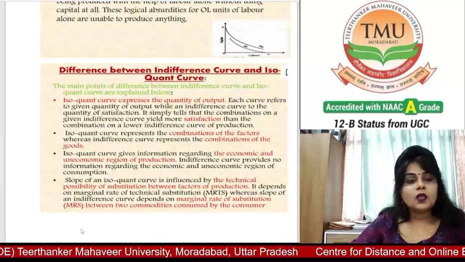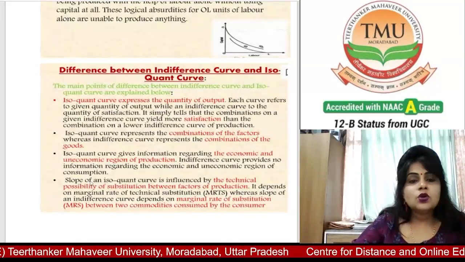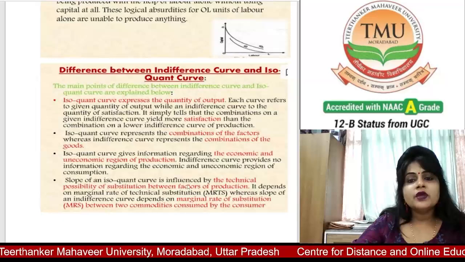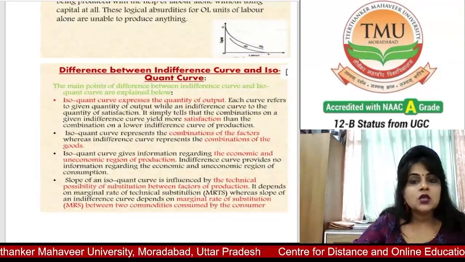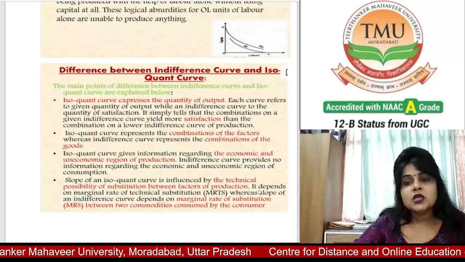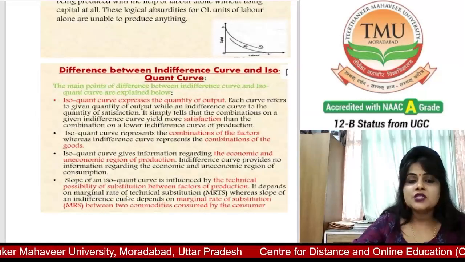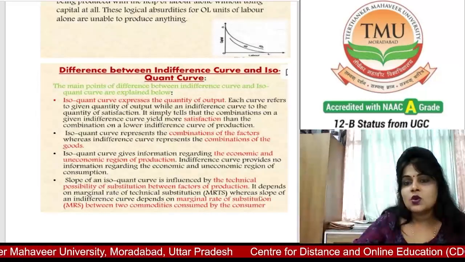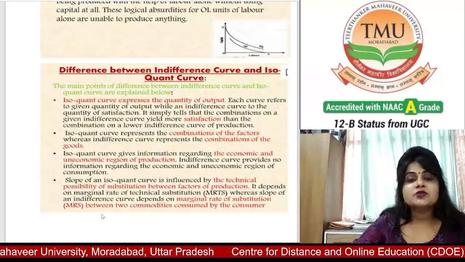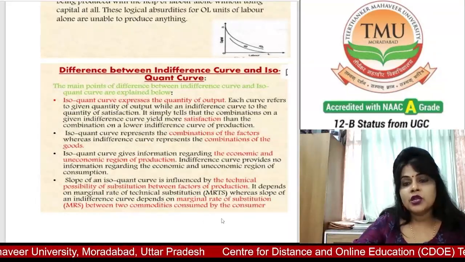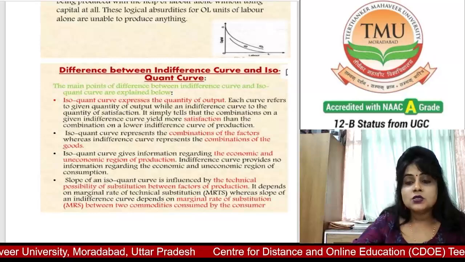And the slope of an isoquant curve is influenced by the technical possibility of substitution between factors of production. It depends on the marginal rate of technical substitution, whereas the slope of the indifference curve depends on the marginal rate of substitution between two commodities consumed by the consumer.